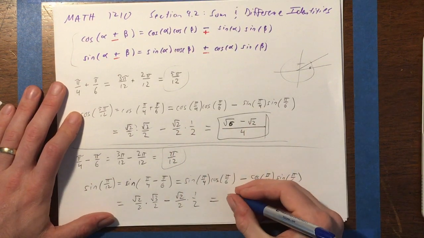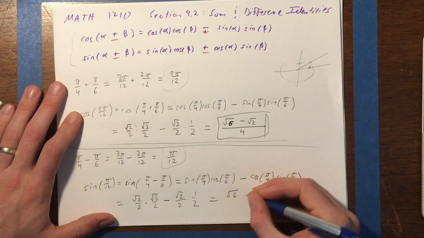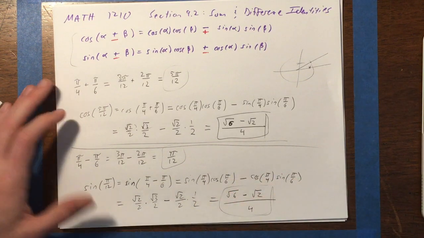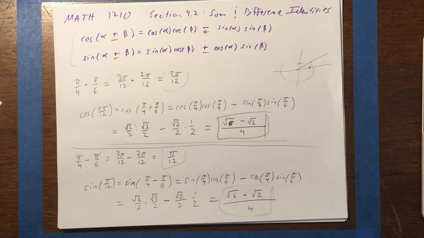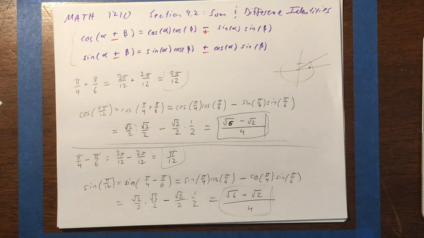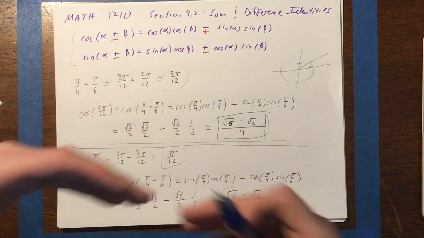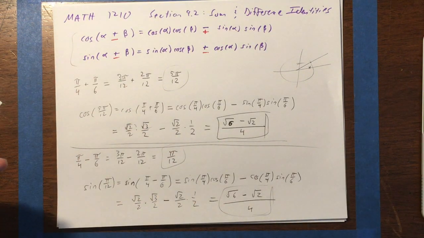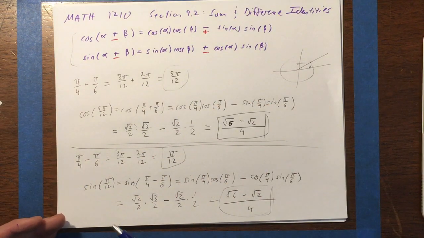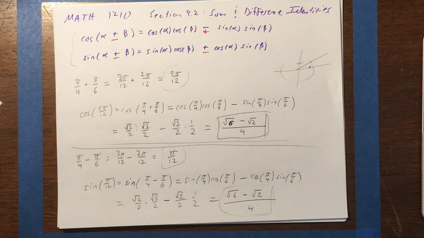And that's the same thing that we get here. So, by chance, I didn't actually intend for that to happen, but that's okay that it did. The cosine of 5 pi over 12 and the sine of pi over 12 are the same. I just did two of them, but you can do the others. You could do the sine of 5 pi over 12 or the cosine of pi over 12.